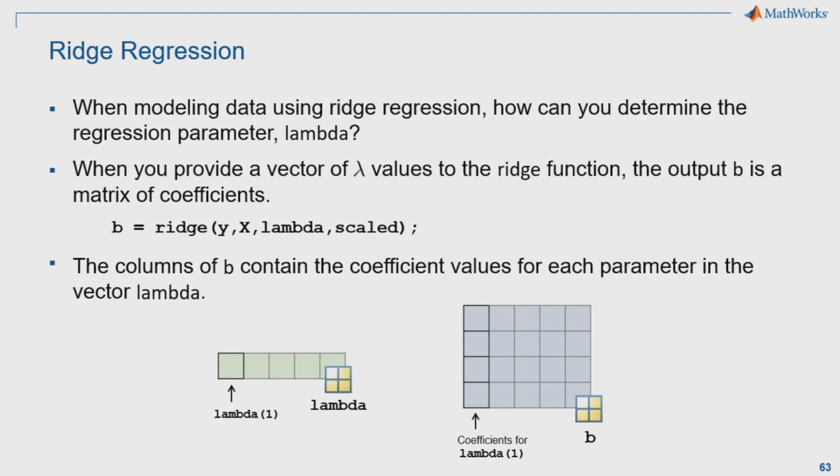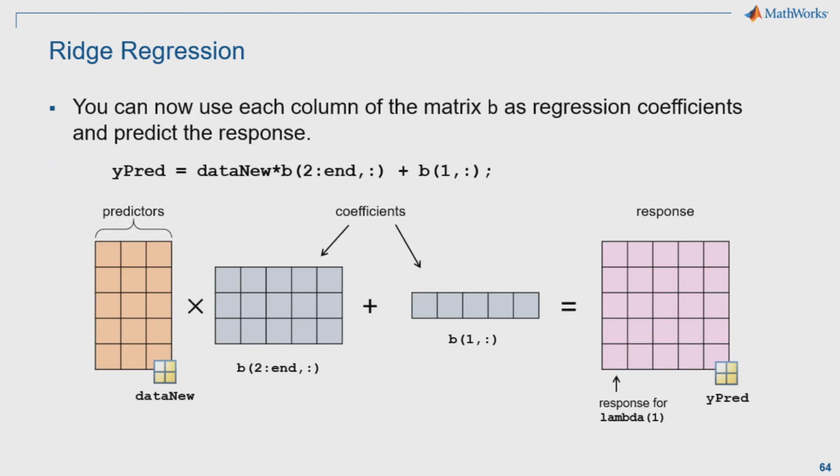And the outcome will be, of course, not a b vector anymore, but a b matrix of parameters in which each column contains the coefficients for a particular value of lambda. Again, this is the way if you want to predict for many values of lambda. You will have many values of the response, each one obtained for the different values of lambda.